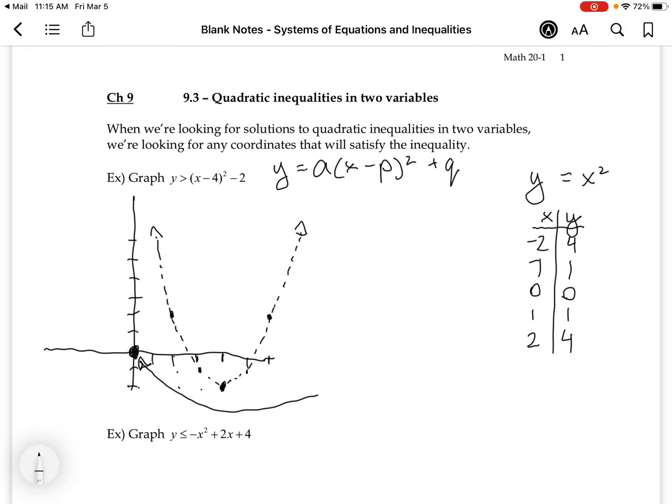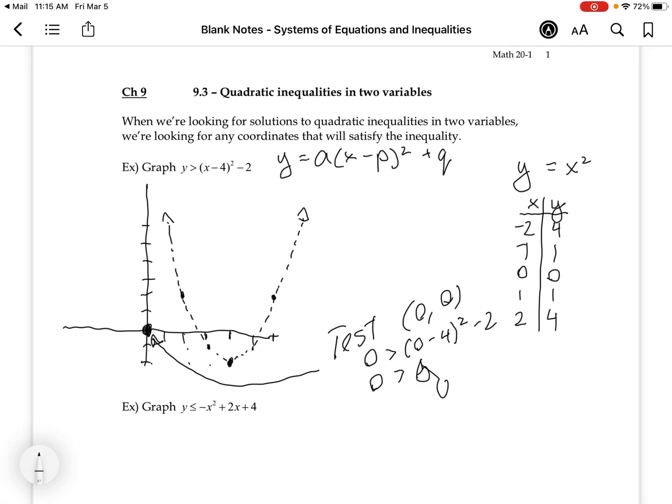Okay, so let's test 0, 0. I'm going to make the prediction that we have to shade above because y is greater than this function. But let's just test 0, 0. So I'm going to go back to my inequality and I want to know, is 0 greater than (0 minus 4) squared minus 2? And that's going to give me 0 greater than negative 4 squared is 16.